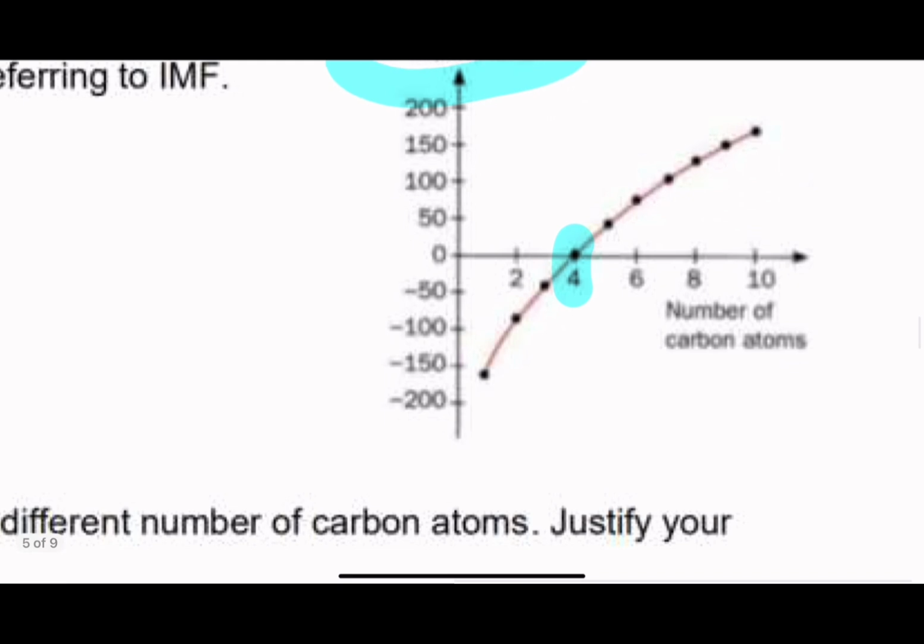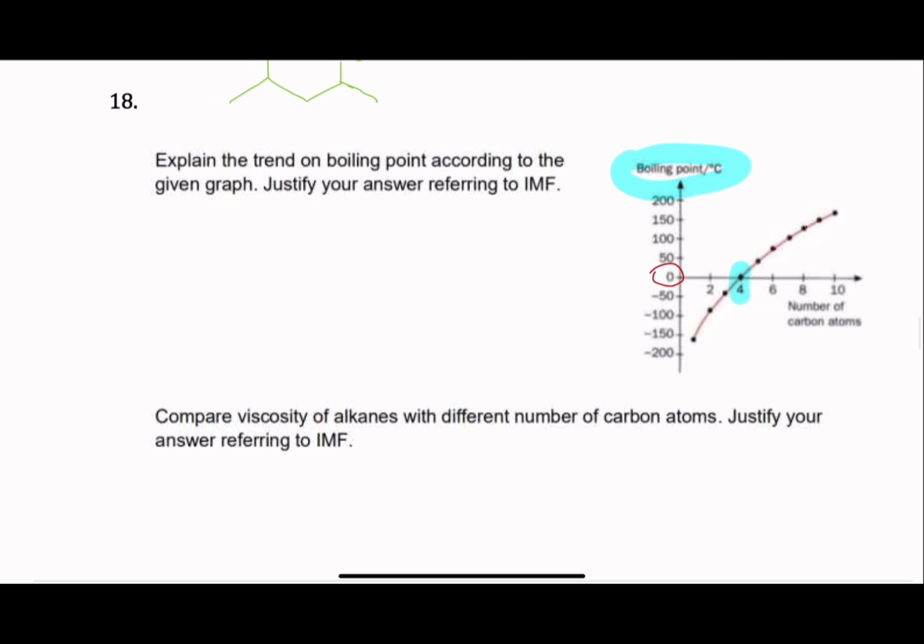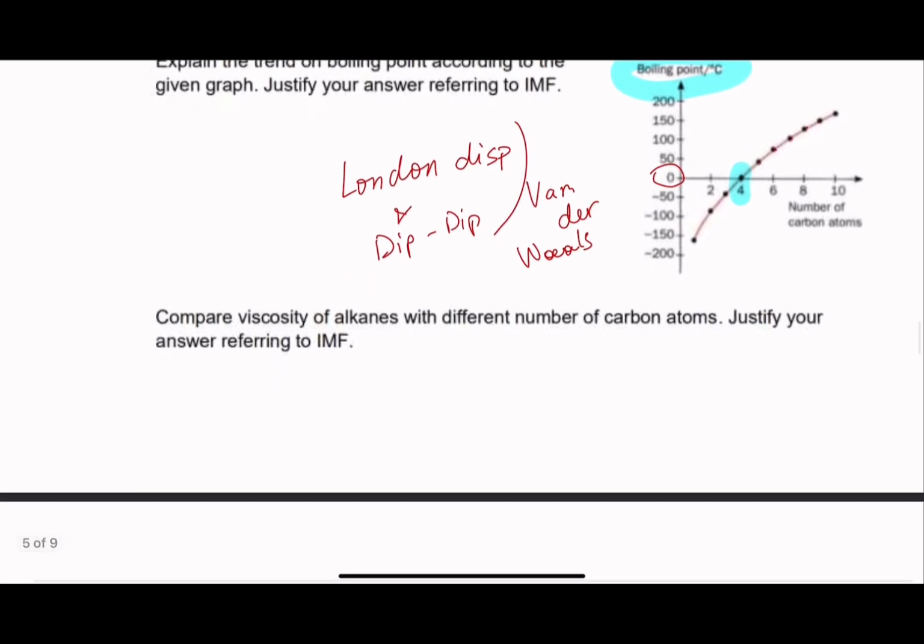That means, as you see, the boiling point right away went to touch the 0, and as you increase the number of carbons, it's increasing, which is because we have forces such as London dispersion, which is the weakest, and dipole, but altogether they are called just van der Waals forces. Now, due to van der Waals forces, these molecules are getting packed and they're increasing the boiling point, making it harder to separate between them.